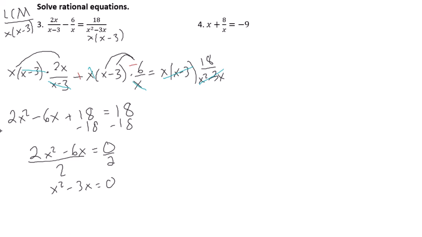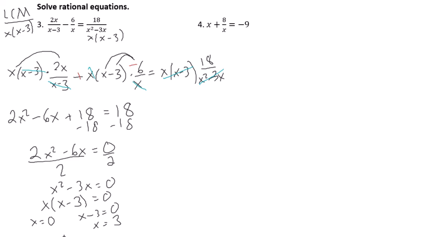Factor out x, the GCF that's here, and I get x times x minus 3. And now I can set each of these equal to 0. First term is x equals 0, and second term, add 3 to both sides, you get x equals 3. Now I quickly need to look: will any of these make my original problem have a 0 in the denominator?